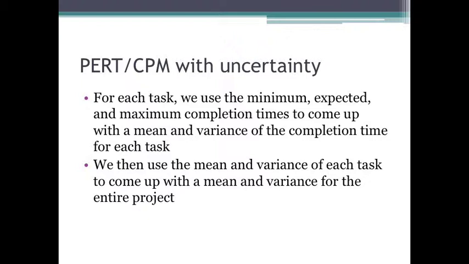We're also able to come up with a variance of the task time. So, mean and variance for each task. We can then use that mean and variance to come up with a mean and variance for the entire project. Not only that, but we could use it to figure out the probability of completing the project by a given deadline. And that is what is involved with PERT CPM with uncertainty.